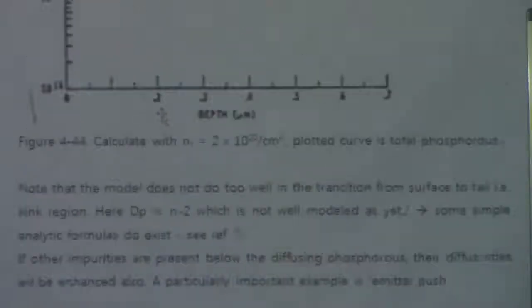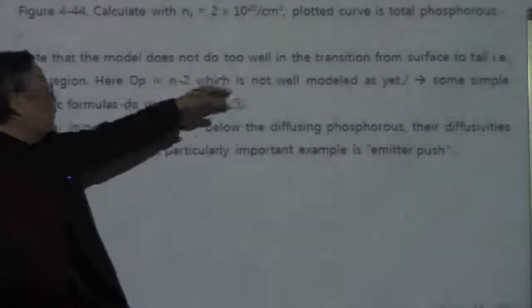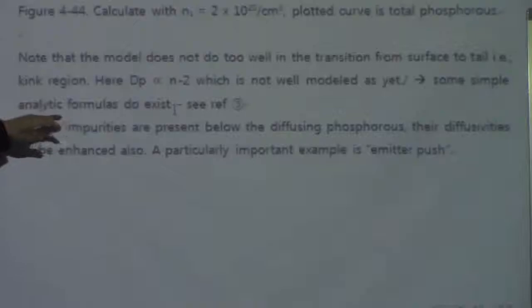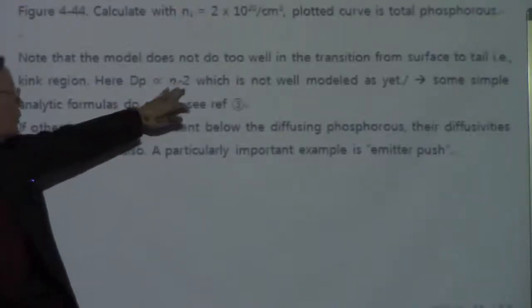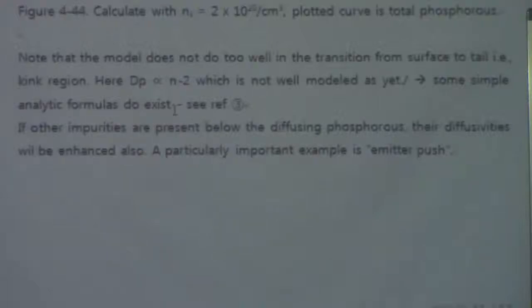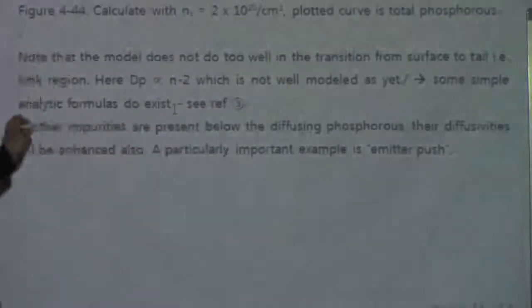But here, over the short distance of the transition, it does not do too well. Here the D_P is somehow proportional to n to the minus 2, which is not well modeled as yet.